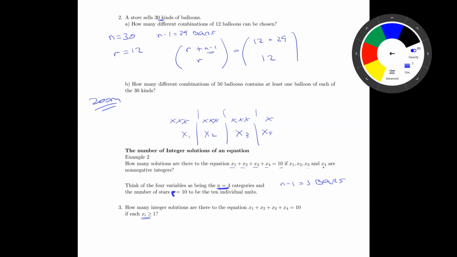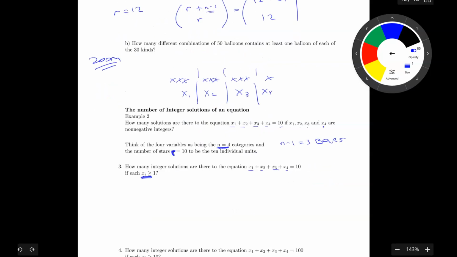This one is saying I want to make sure that each one of these already has 1 in it. I have 10, but I've already placed 1 in each of the categories, so really I only have 6 stars. So R is equal to 6.